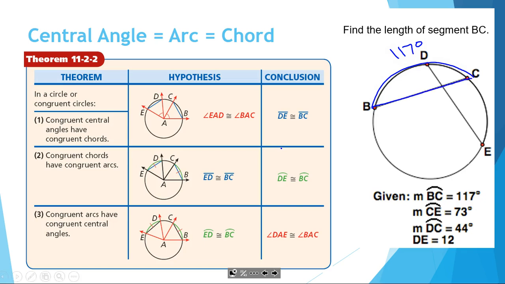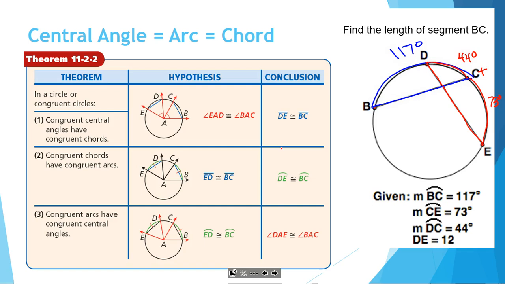Now, I also noticed over here that we're given that CE, that's the segment over here, is 73, and DC, that's this part right here, is 44. Now, I see that I have this whole red arc here, and it maps to this segment. So, I want to see if there's any comparison between this blue arc BC, and the red arc DE, and chord DE.